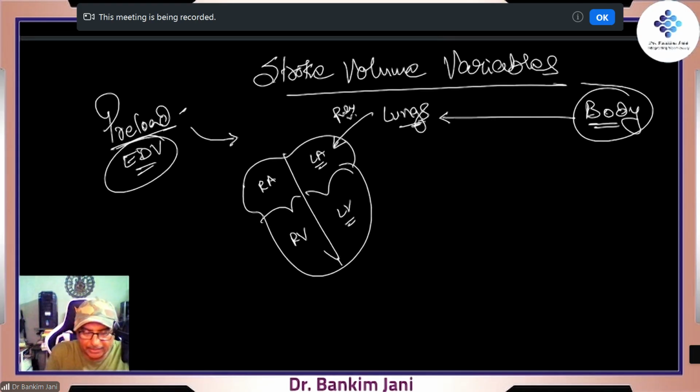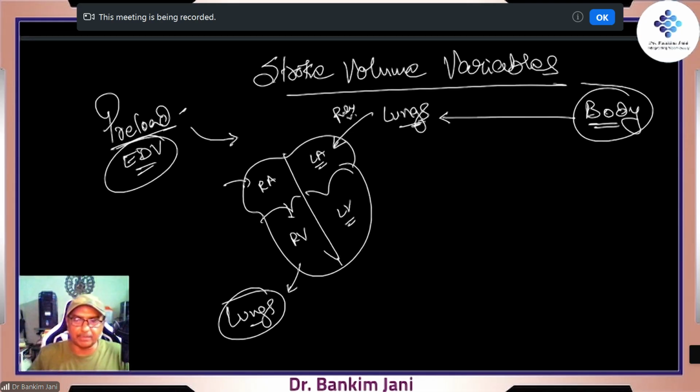Yes, that's right. It would be right atrium to right ventricle, and then right ventricle will be sending the blood to lungs. But basically, it is from the body, because in this entire circuit, from right atrium to right ventricle, nothing is stopping the blood. The blood is easily passing. But where the blood is stopping is in the body, in the periphery.